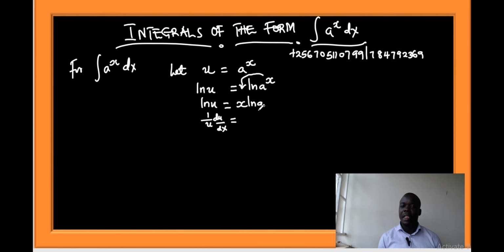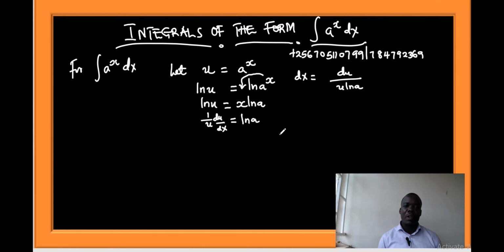Ln a is a constant, so you only differentiate x, maintain your constant. X differentiated gives you 1. That means this is ln a. We are going to make the x the subject. dx will definitely become du over u ln of a.